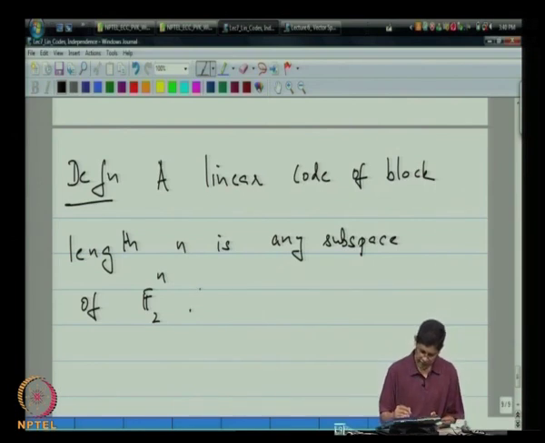Okay. And when we say F to the n, we really mean F2 to the n plus F2 dot. Okay.